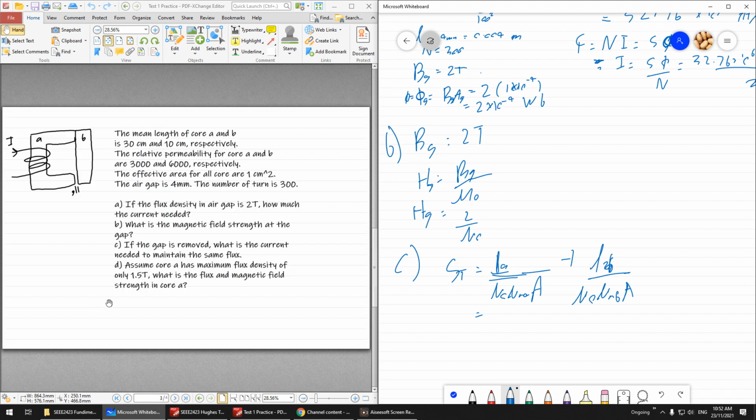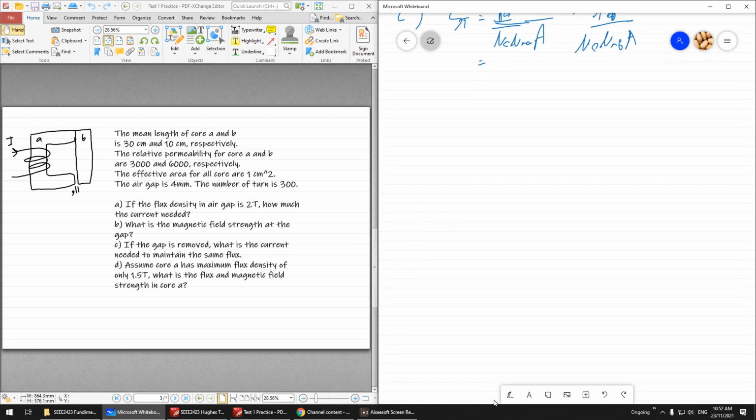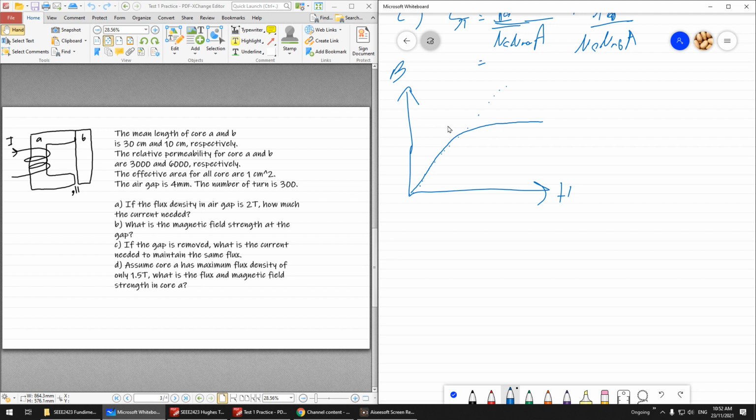Then assume the maximum flux density. This one is a little bit confusing; maybe some of you don't know. I think I already taught you this one. Recall back the BH curve. In theory it's a straight line, but actually at a certain level it becomes saturated.